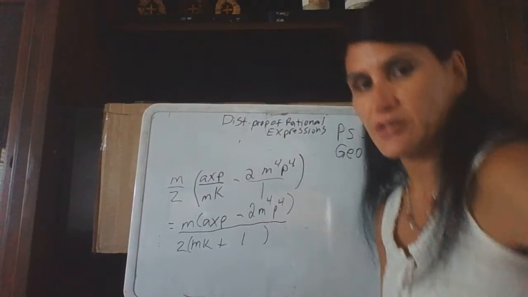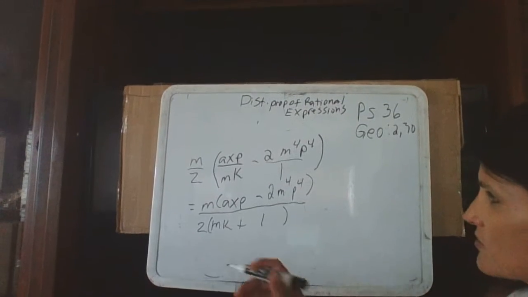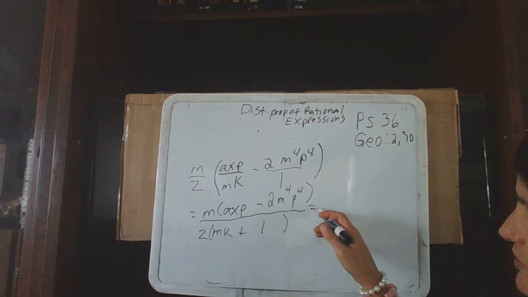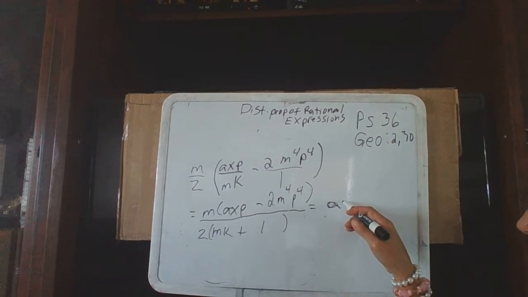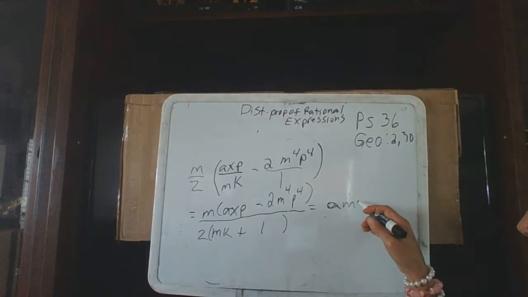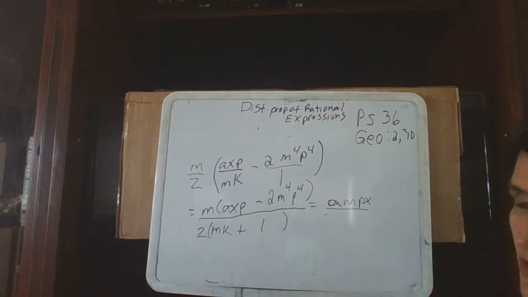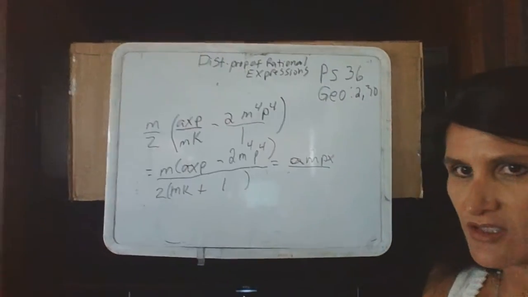The next thing I'm going to do is go ahead and distribute, okay? So I'm going to say m times axp, I'm going to do it over here. It's going to be ampx. Again, I'm just putting it in alphabetical order. If you don't do that, you're not going to get it wrong, it just makes it a little bit easier to keep everything straight, okay?